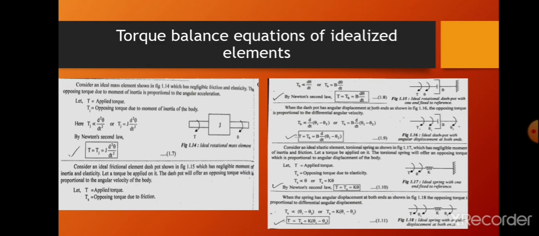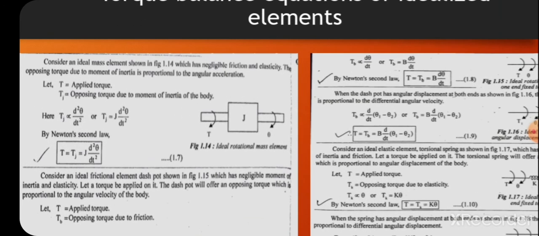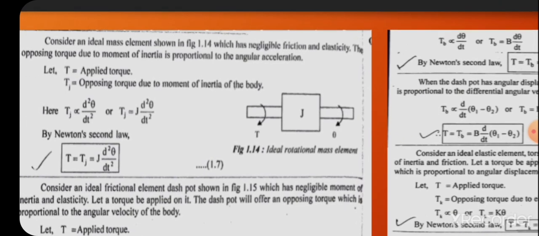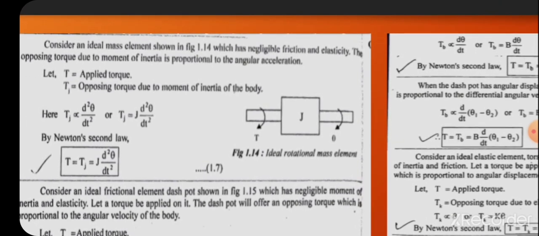So first of all, we discuss the mass. So consider an ideal mass element. Here the mass element is J. So when we are discussing a mass element J, we are assuming that it has negligible friction and elasticity. So here in the rotational system, instead of mass we are using the term moment of inertia.